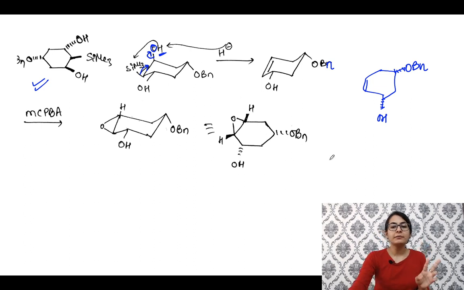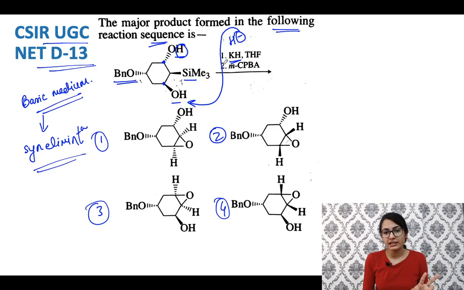Now in the second part of the question, which is again a very important reaction, guys, oxidation by metachloroperbenzoic acid. Okay, and it's going to definitely give us an epoxide. So now that's the selectivity.